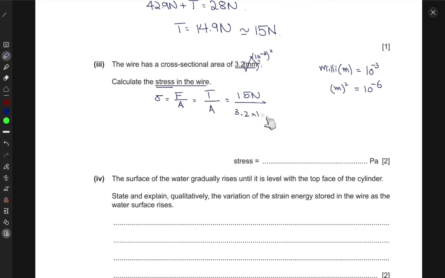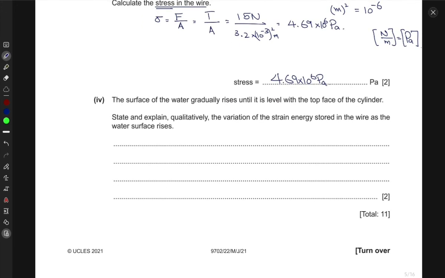So 3.2 into 10 raised to power minus 3, and then square this, which would be 10 raised to power minus 6, and then do the math. This is in meters, so this would give you 4.69 into 10 raised to power 6 pascals. Because the units newton per meter squared are defined as a single unit, which is pascal. So the stress in this wire is 4.69 into 10 raised to power 6 pascals.